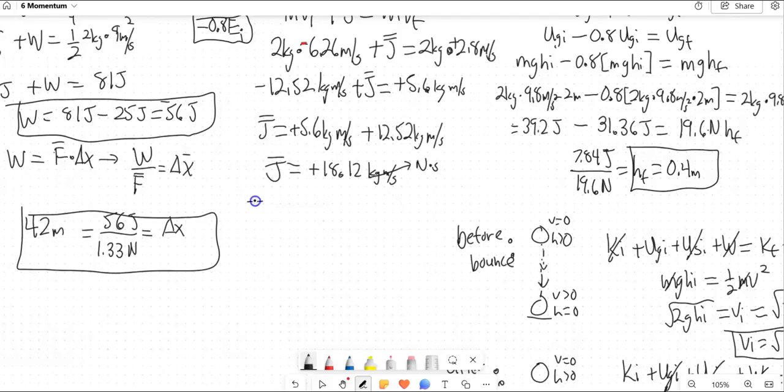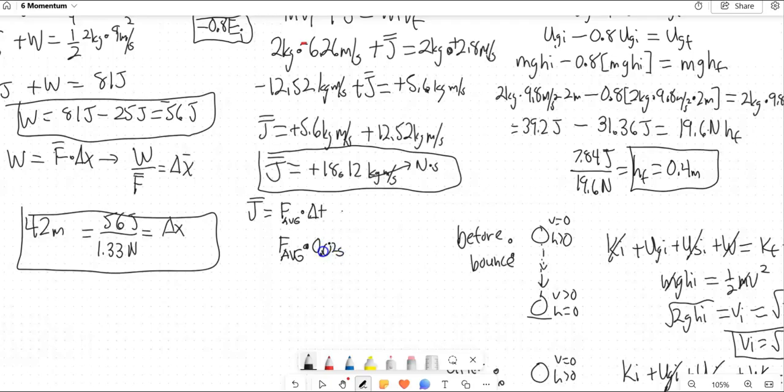So with that, since J is going to be equal to the average force times the change in time, let's compute the average force. So we figured out J. That's one of the things that we had to solve for. Now we're going to multiply the average force times our 0.02 second time of impact, and that's going to be equal to 18.12 Newton seconds.